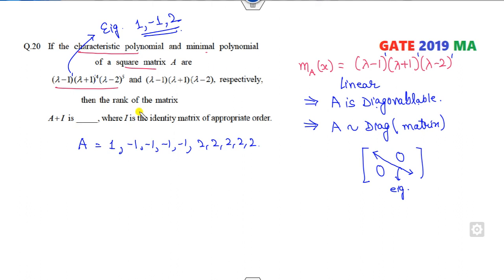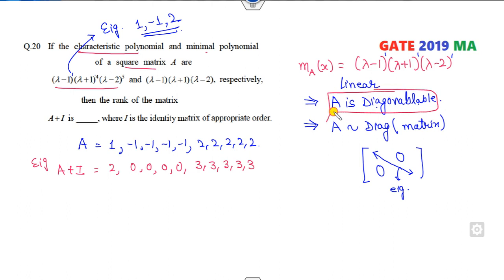Fine. Then your target is to find the rank of A plus I. What are the eigenvalues of A plus I? I can add 1 on both sides: 0, 0, 0, 0, 3, 3, 3, 3 and 3. Since A is diagonalizable, you can find the rank of this matrix as the number of non-zero eigenvalues.